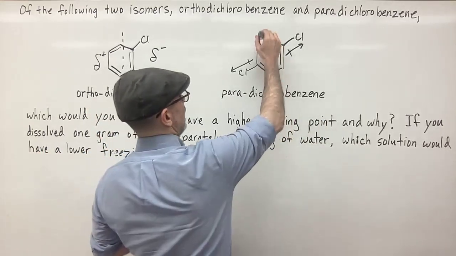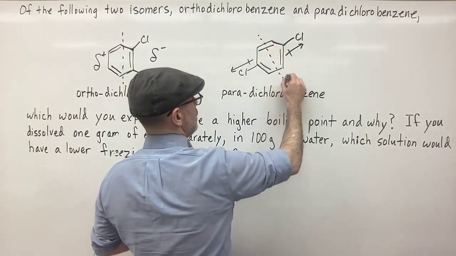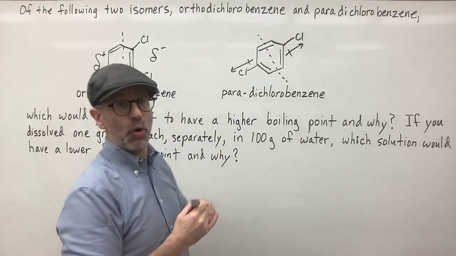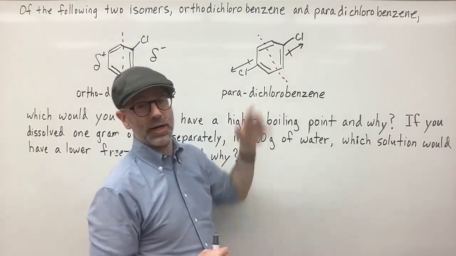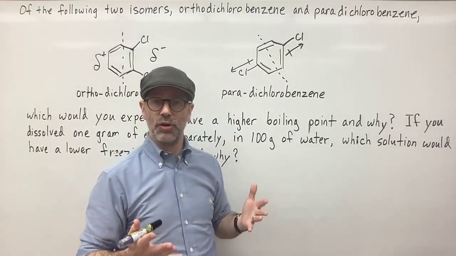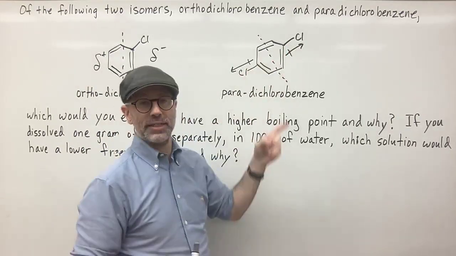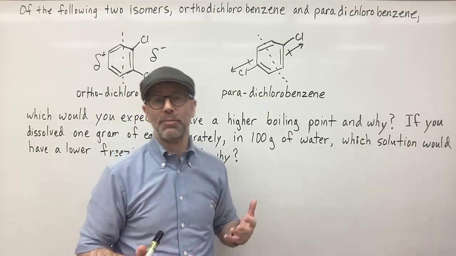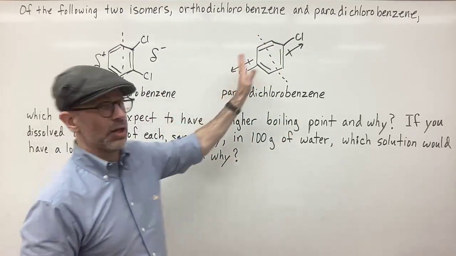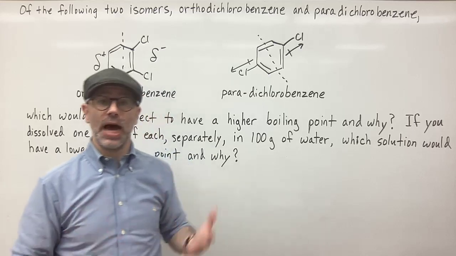So that means that here we have symmetry. And so the dipole moments in these two bonds are going to cancel out. The rest of the molecule, as I said before, are just nonpolar bonds. So this molecule here ends up becoming nonpolar.